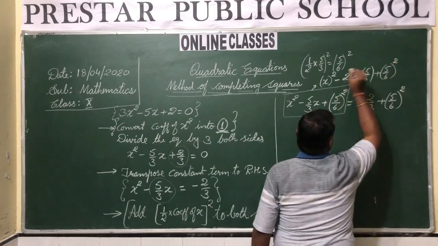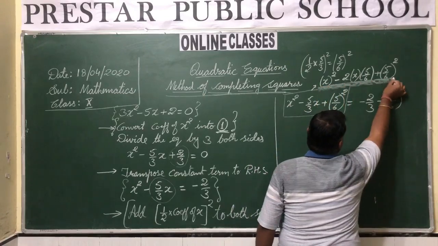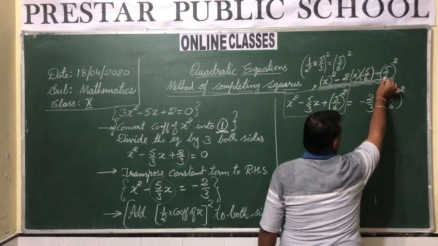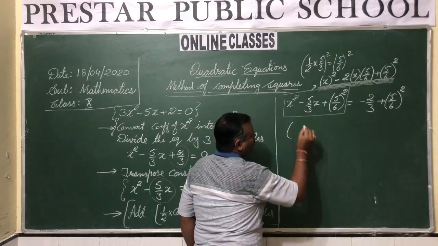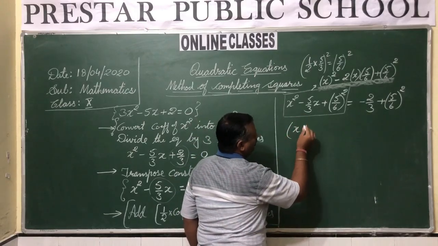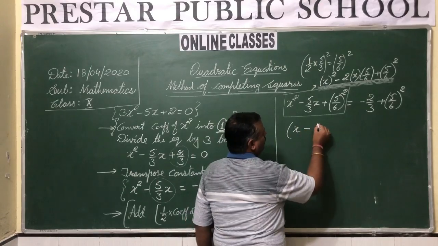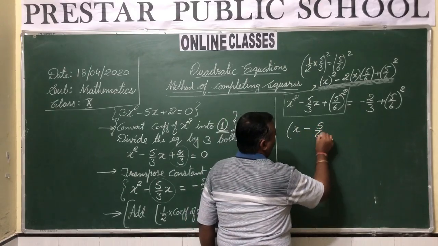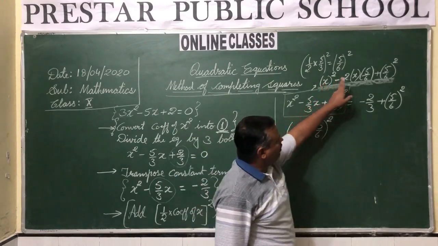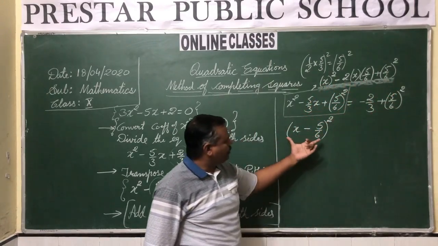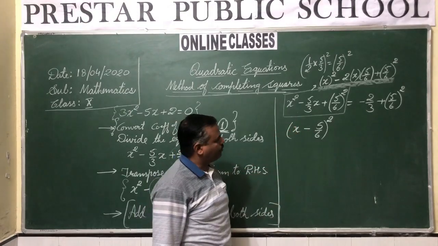What form is this? This is a squared minus 2ab plus b squared. So the left hand side can be converted into a whole square and written as x minus 5 upon 6 whole square, because a squared minus 2ab plus b squared is equal to a minus b whole square.